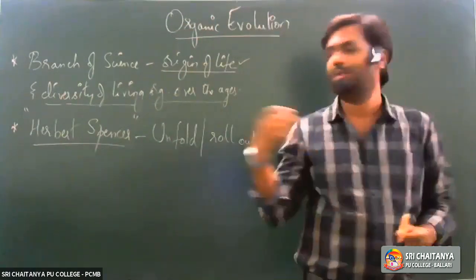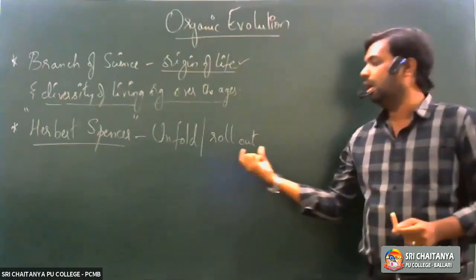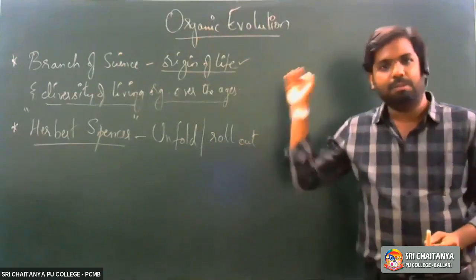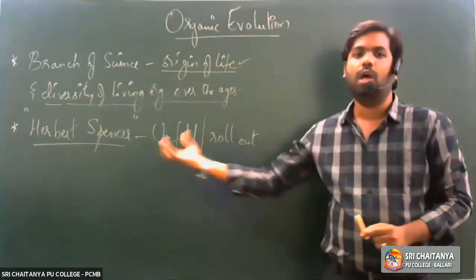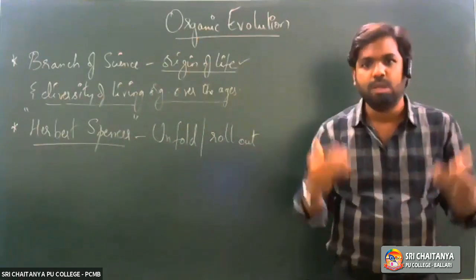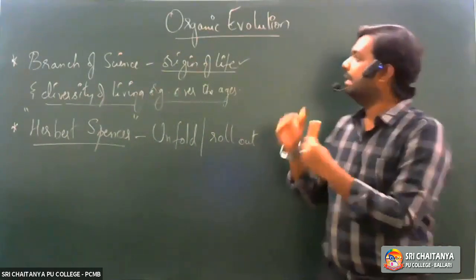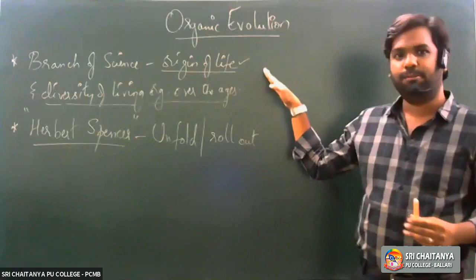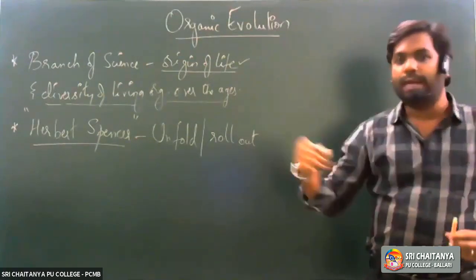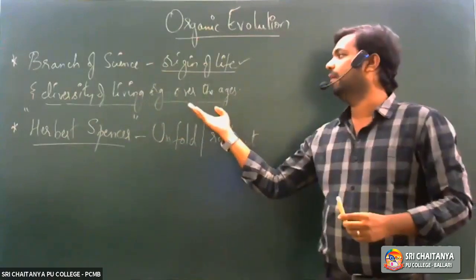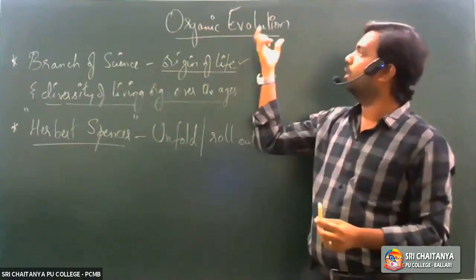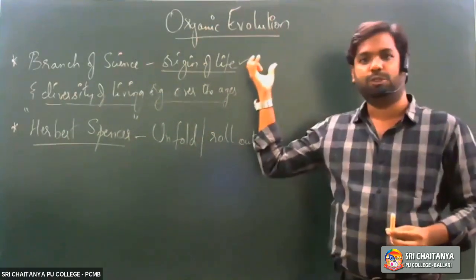That is what we call unfolding or rolling out. So the literal meaning of evolution is unfolding or rolling out. Rolling out what? Rolling out the mystery of the origin of life as well as the mystery of the diversity of living organisms over the ages. That is the literal meaning of evolution.